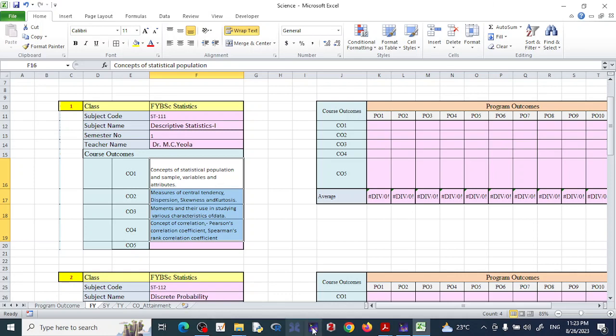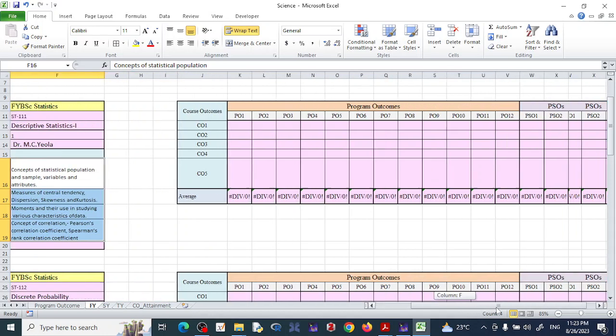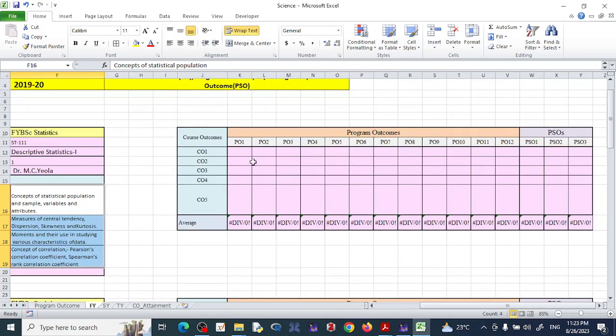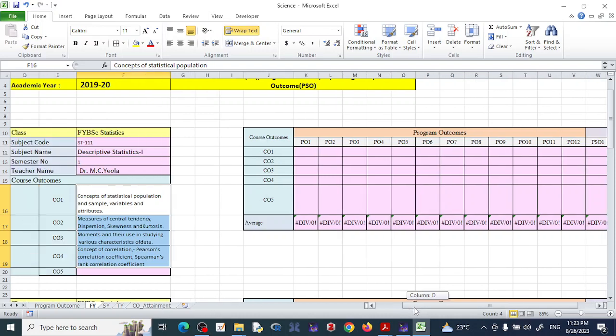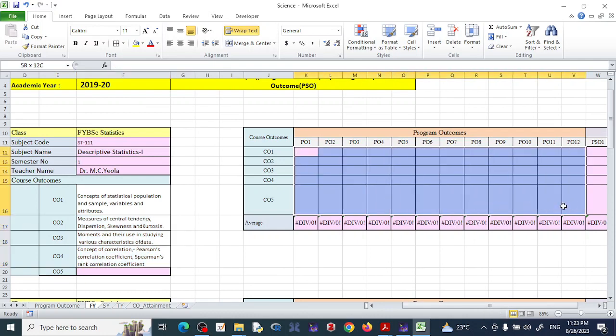Now, once this is specified, then we have to fill the information about the CO-PO-PSO mapping matrix. I will give you an example of how this can be filled. Here in this cell, you have to fill numbers starting from 0 to 3.